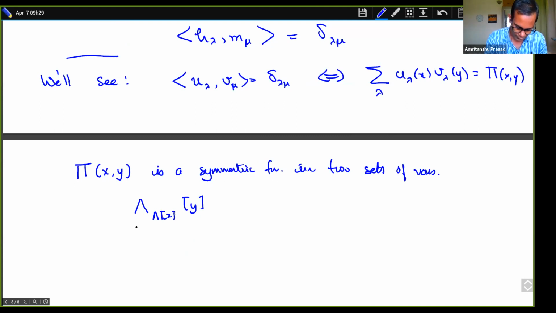Or you can think of it the other way around. We'll call this ring wedge xy just for now. So this means symmetric functions in the sets of variables x and y.